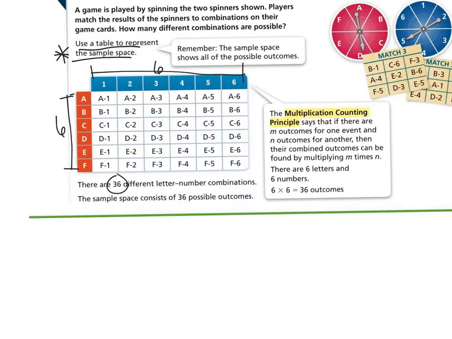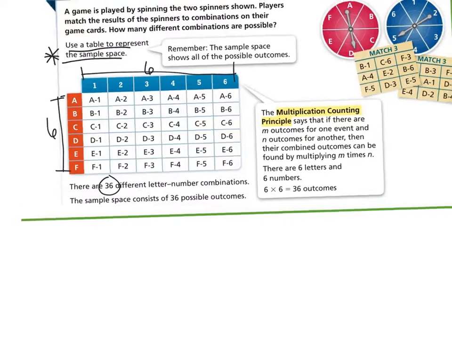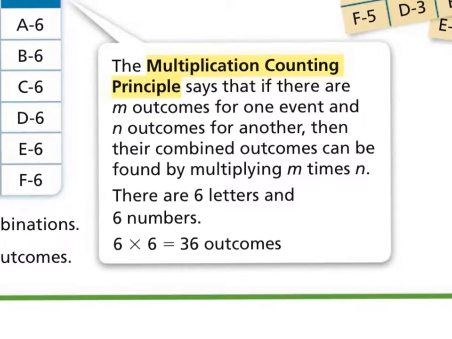And a way of getting that, besides just listing them all out, if they just said how many different possible outcomes are there, we could use what's called the multiplication counting principle. This we talked about earlier in the lesson. Multiplication counting principle: if there are m outcomes for one event and n outcomes for another, their combined outcomes can be found by multiplying m times n.